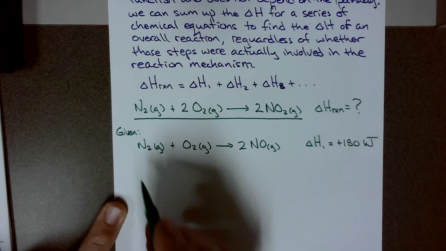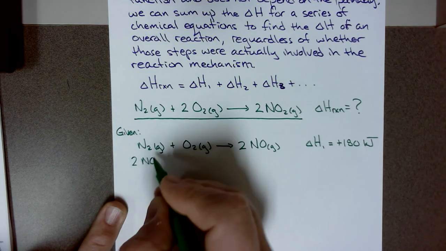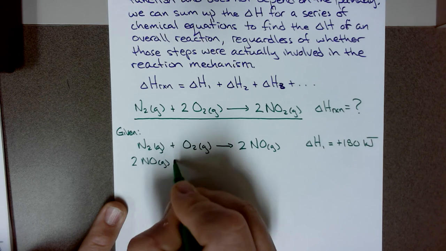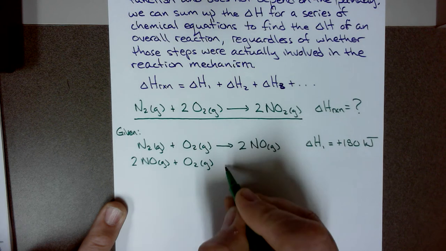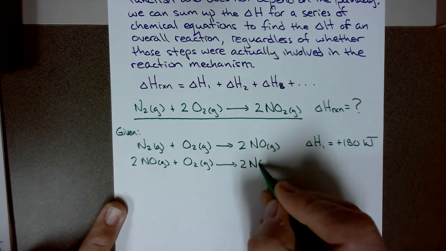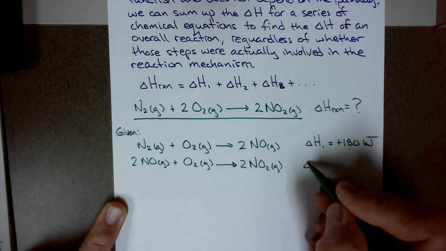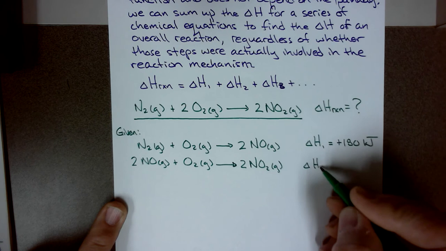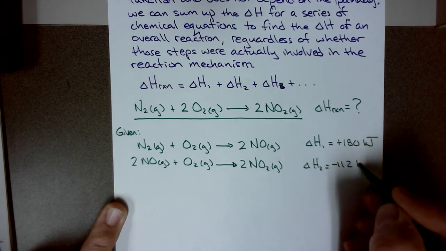And then we also have this reaction that we can work with. 2 moles of nitrogen monoxide gas plus oxygen gas goes to 2 moles of nitrogen dioxide gas. And this has a known enthalpy change value of negative 112 kilojoules.